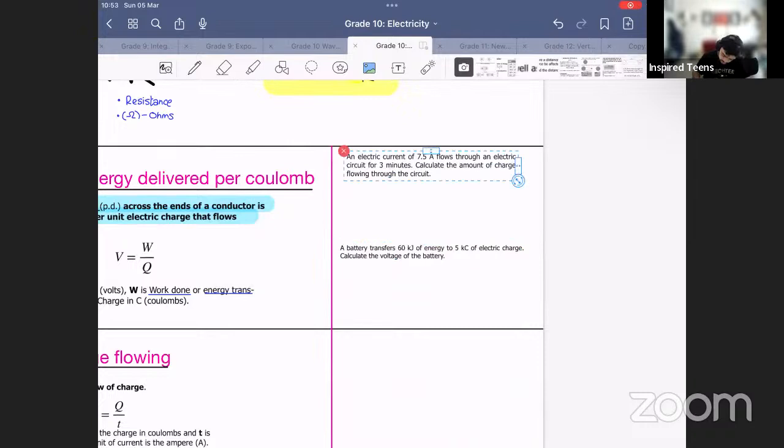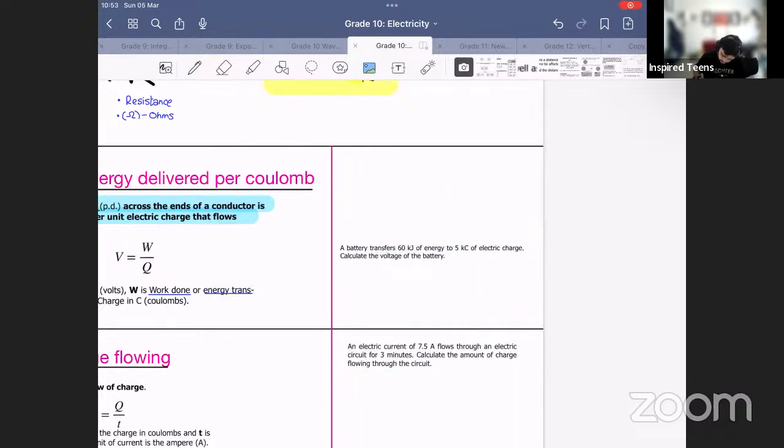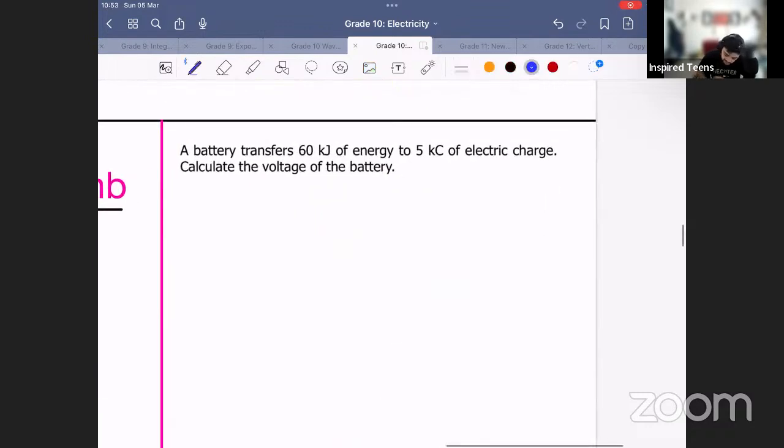A battery transfers 60 kilojoules of energy to 5 kilocoulombs of electric charge. Calculate the voltage. Now remember, this is simple because voltage is equal to work done or energy transferred per coulomb.